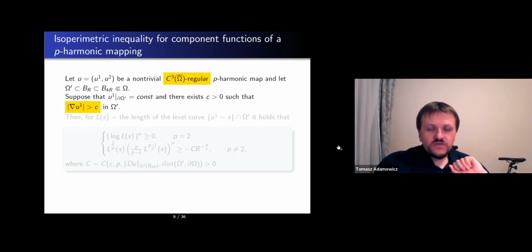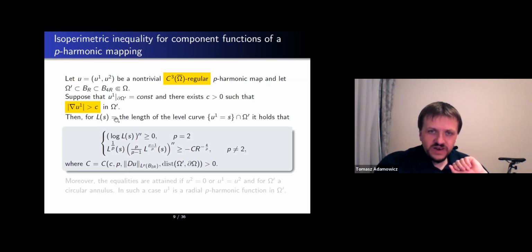Nevertheless, if we consider the function L of s, the length of a level curve of u1, then we have the following inequalities. Similar to Alexandrini's work, the same for p equal to 2, but for p different from 2, the right-hand side is non-zero, and it depends on the L^p norm of the differential.